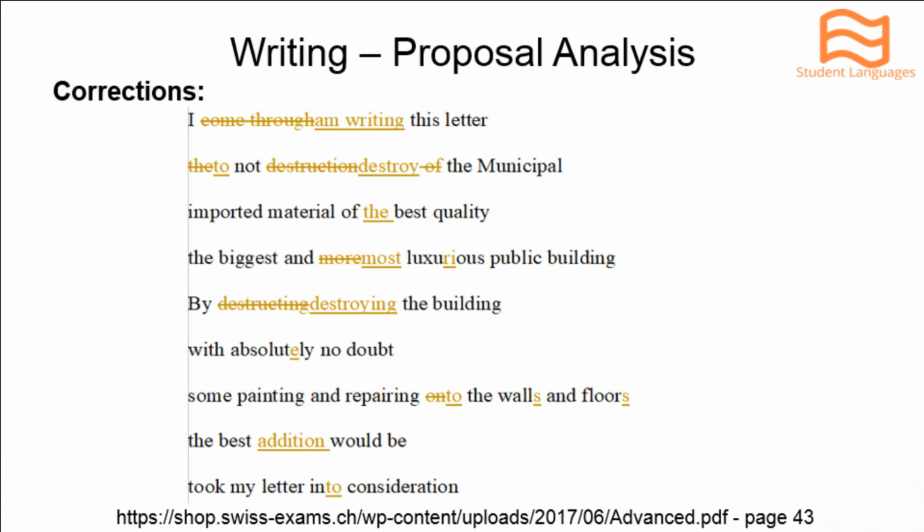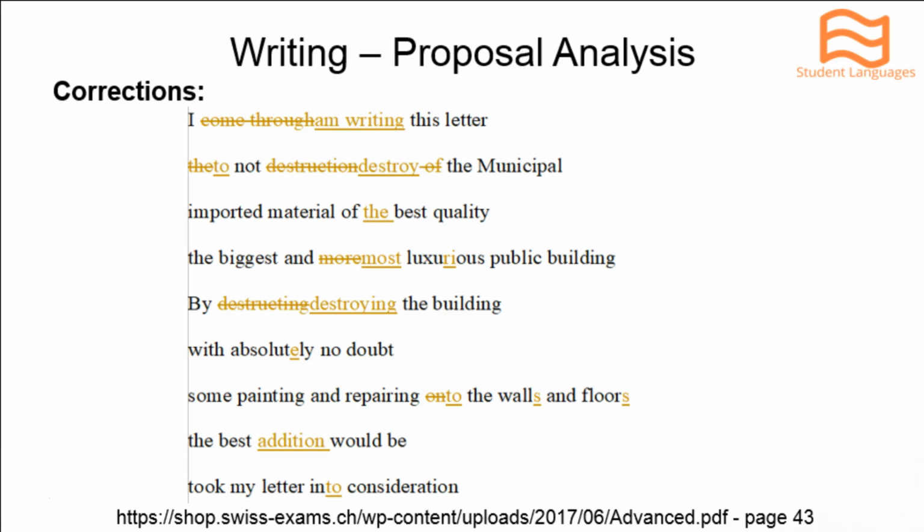In the next sentence, destruction is not the right type of word. We need to use a verb, which is to destroy. To not destroy. Because to not destruction doesn't make sense. Say to not destroy the municipal.